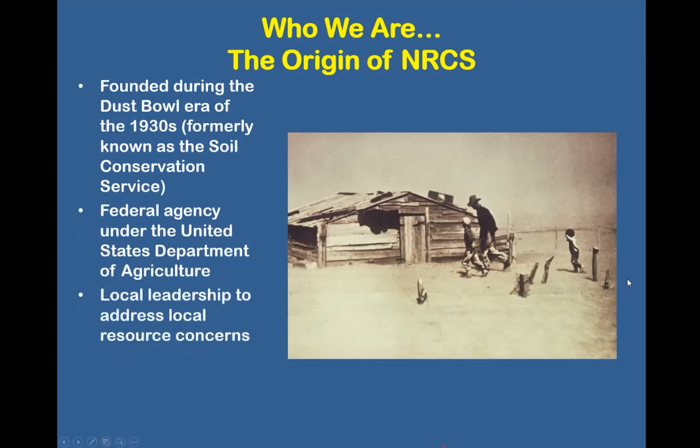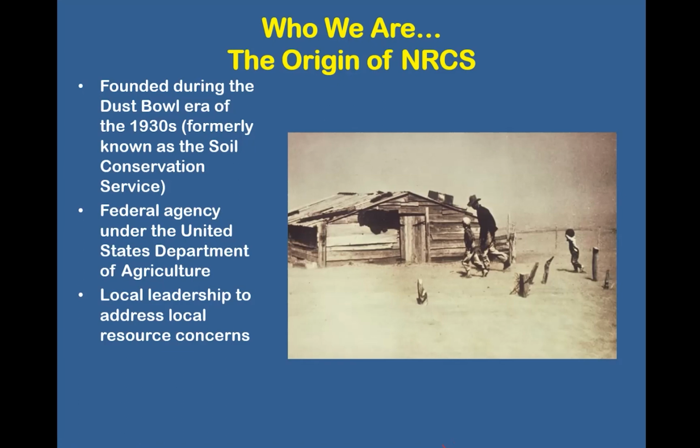One of the key things that makes us unique as an agency and a USDA agency is that we work a lot with the local leadership in those communities. A lot of what we do is work with our soil and water conservation districts to help us be the grassroots, the sounding board as to how and what resource concerns need to be addressed in a specific area.